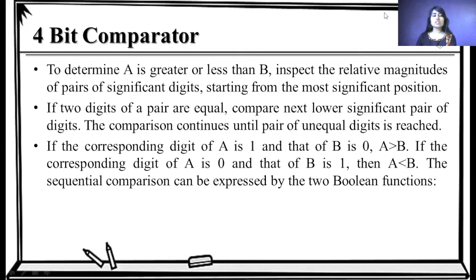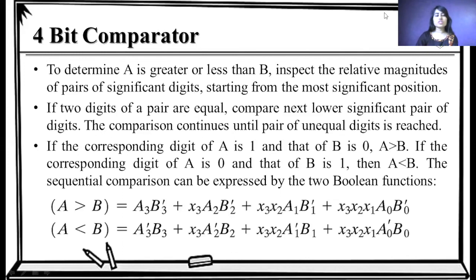The sequential comparison can be expressed by two Boolean functions. Here we have an equation for A greater than B and A less than B, as we can't make a K-map and truth table for this combination.